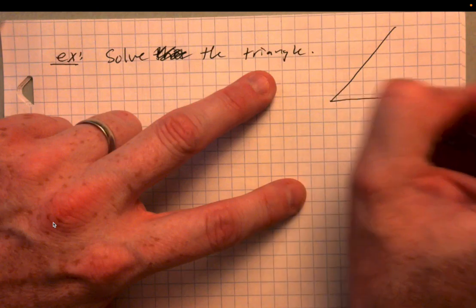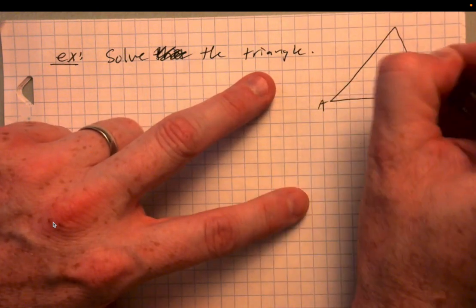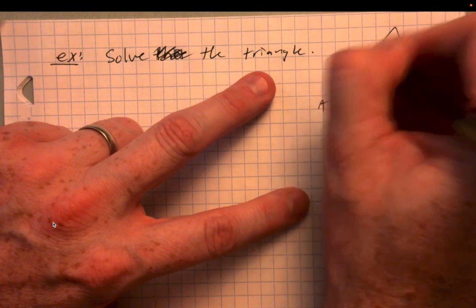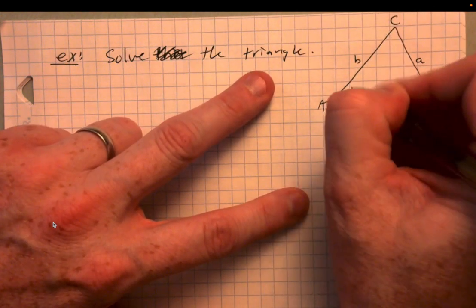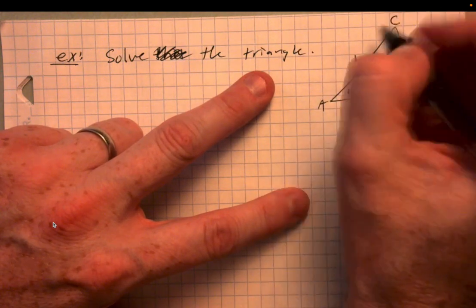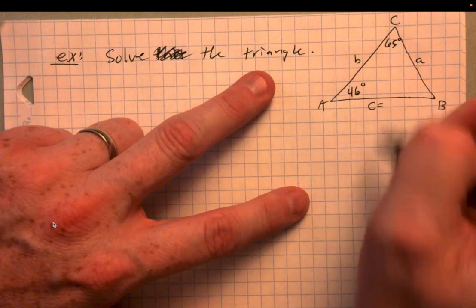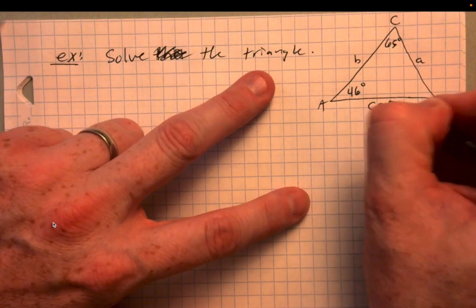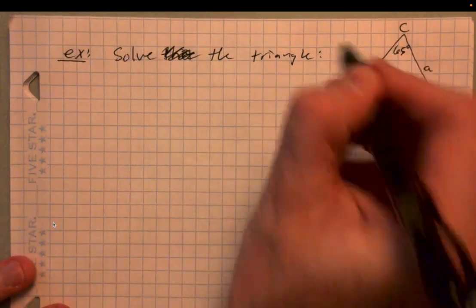Normally they don't draw them for you, but that's okay. We can just draw them quick. And so I've got my A, B, C. And I know some things. I know that this is 46 degrees, and maybe I know that this is 65 degrees, and maybe I'm told that c is equal to 56. So I've got this triangle that I want to solve.